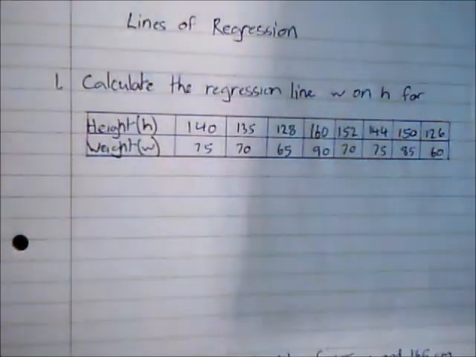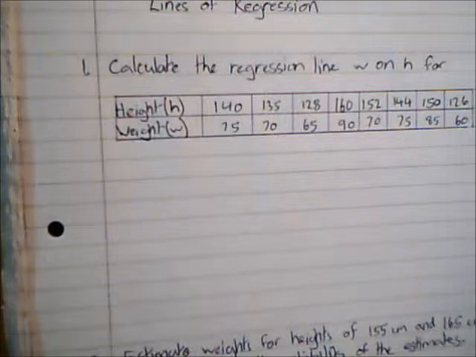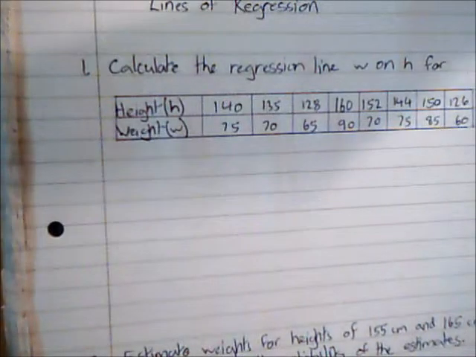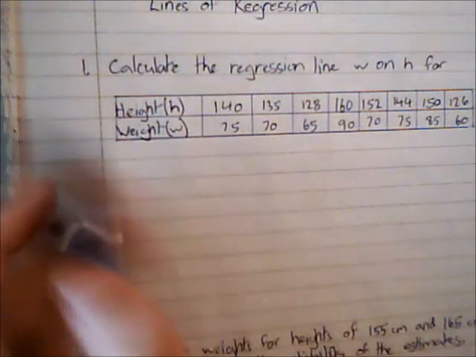Now the set of data in this particular question is the same as in the previous video on product moment correlation coefficient, so I'm just going to cheat and use some of these values from there. The ones that are useful are Sxx and Sxy, related to the h and w I've got here.